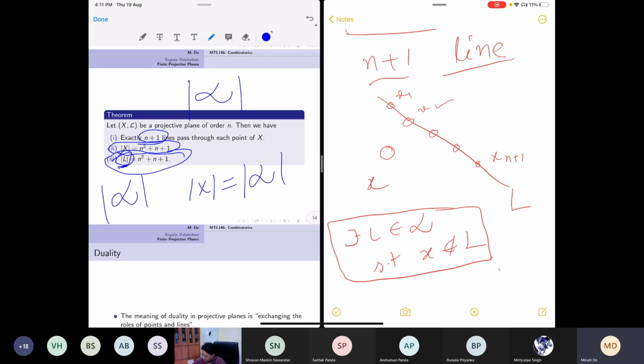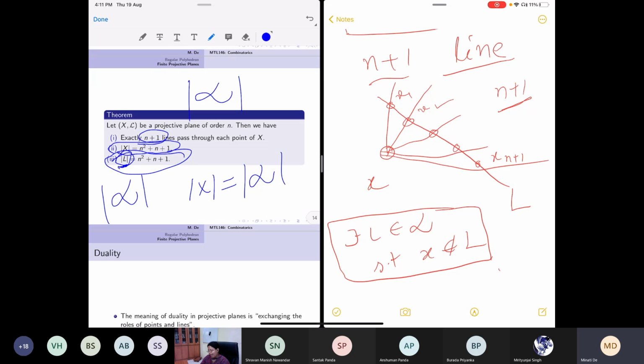And now I can always draw a line like this, like this. These are all unique lines, right? How many lines have I drawn? N plus 1 many lines I have drawn, right? So I can see that at least n plus 1 many lines are passing through this.